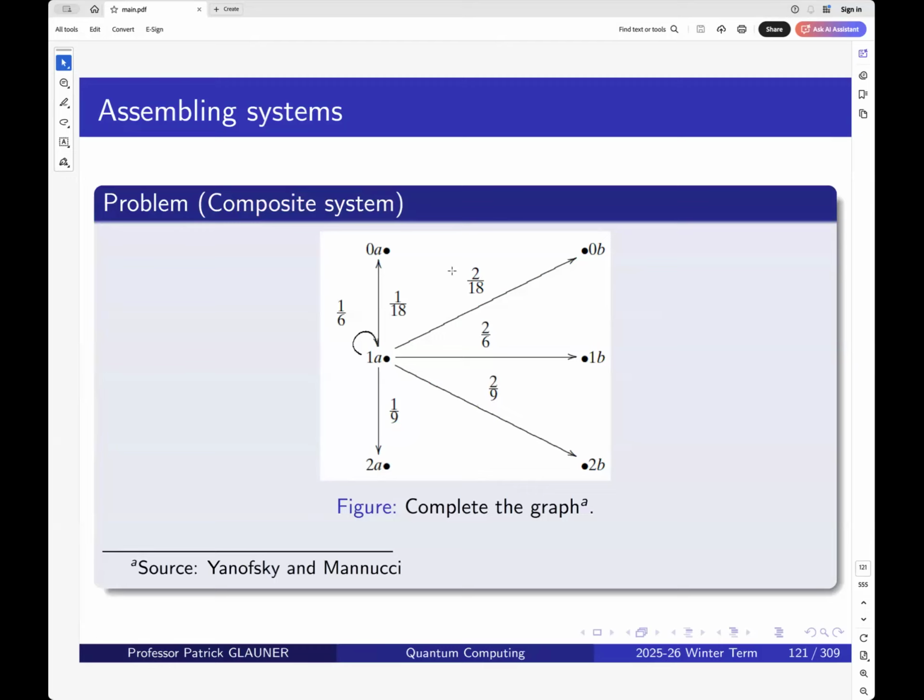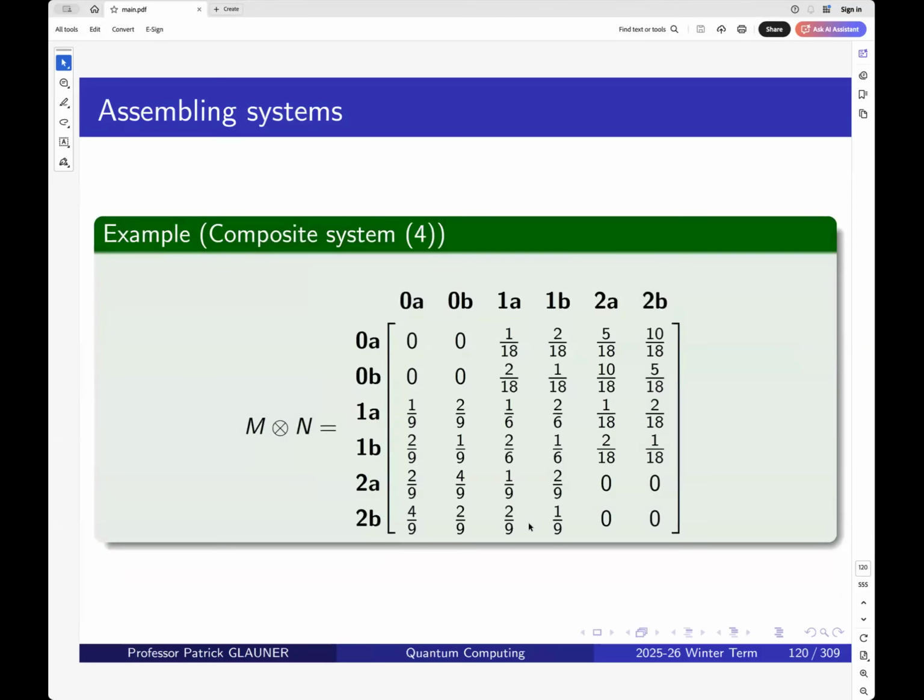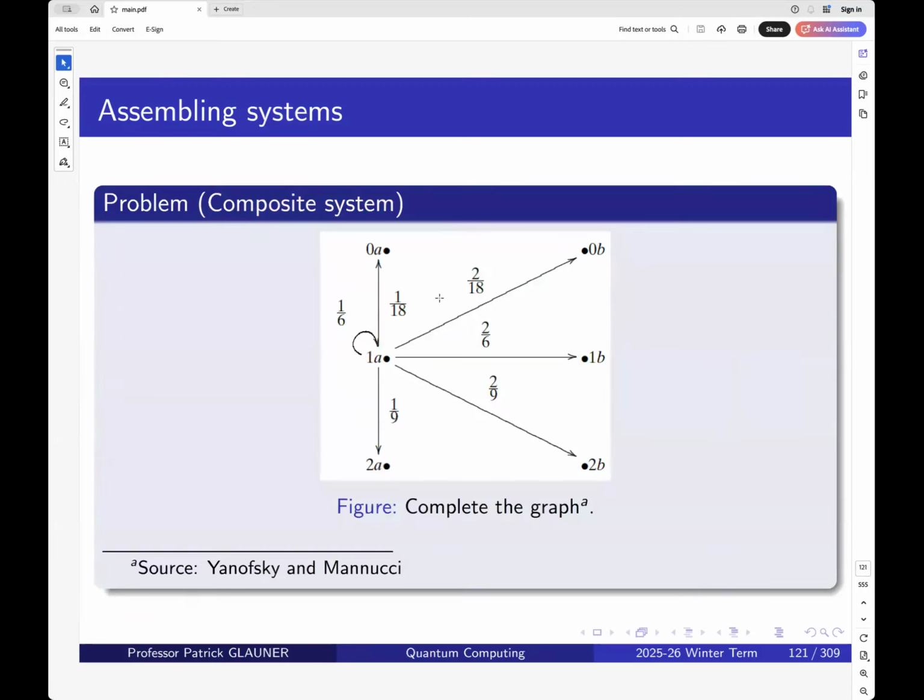Because you have all these 6 entries already, 0A, 0B, 1A, 1B, 2A, 2B, but some transitions are missing. So you would just add the transitions, but you can just read them out from here because you see 0A would have 4 incoming edges from 1A, 1B, 2A, and 2B. And 0A so far only has 1 incoming edge from 1A. So there are more incoming edges for 0A and for some of the others as well.